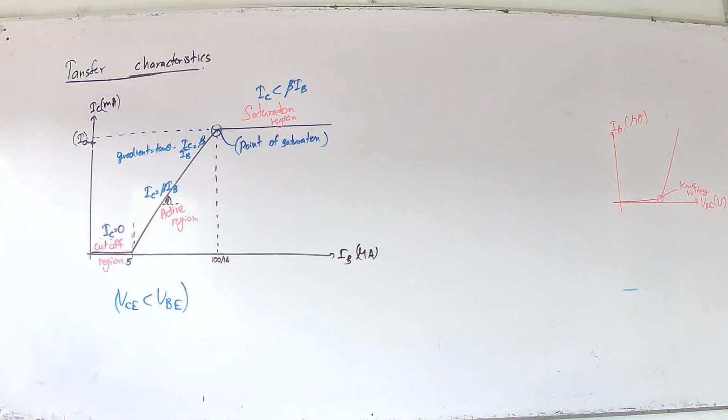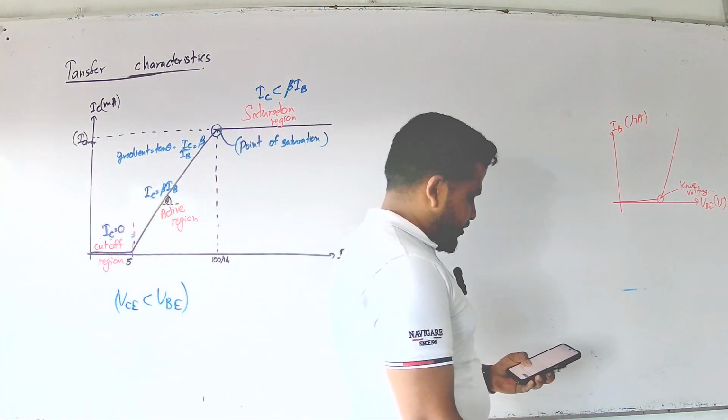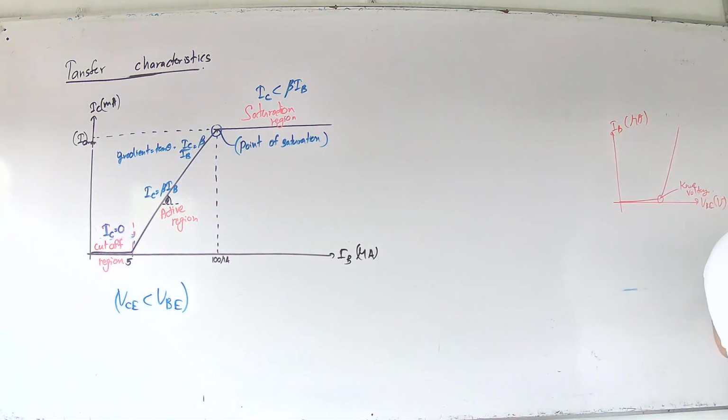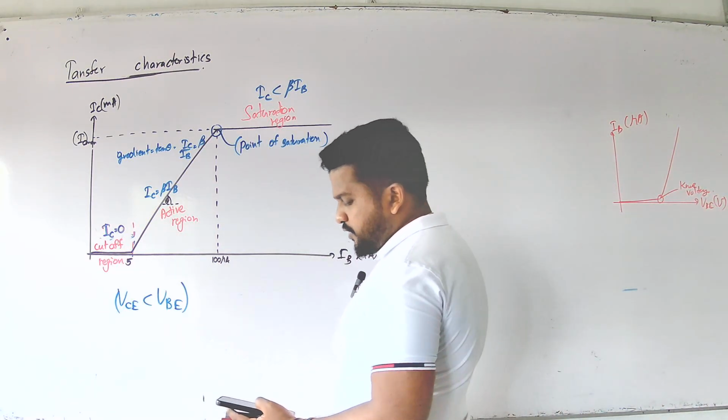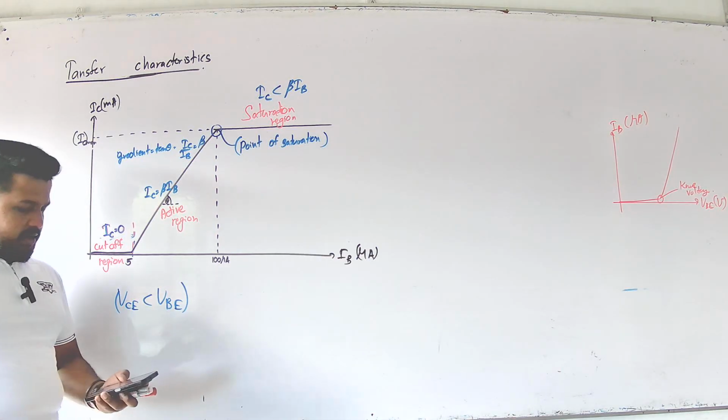After that state is reached, IC remains constant, even if IB is increased.